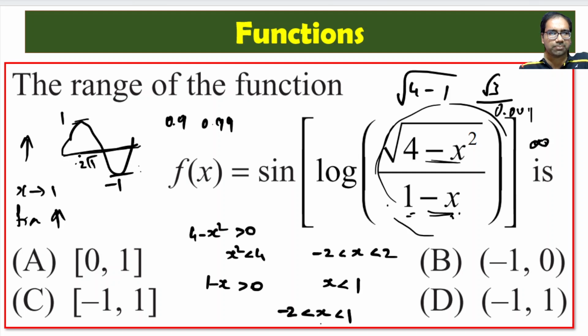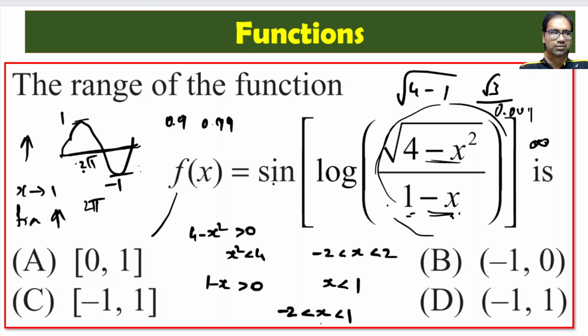As long as the log of this entire thing ranges over a period of 2 pi, then sine will take any value between minus 1 and 1. Now we can see the log of this value can go up to infinity.